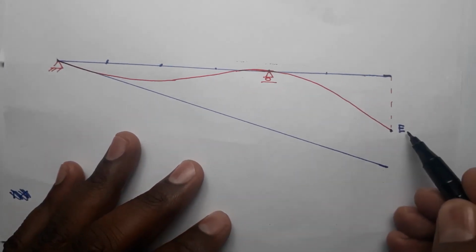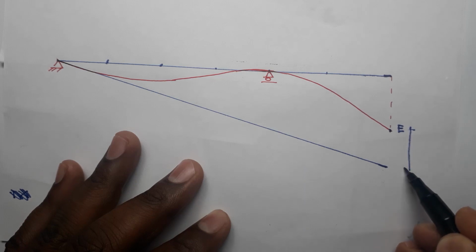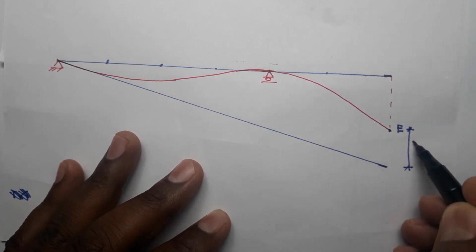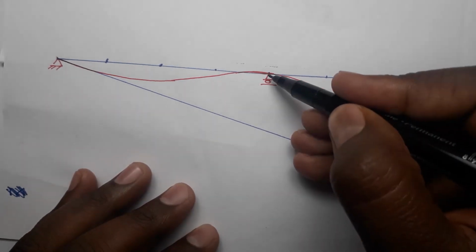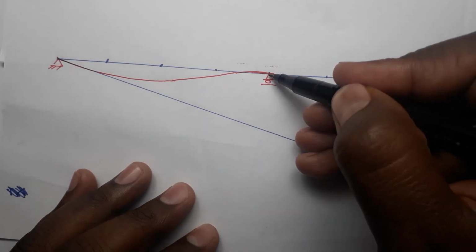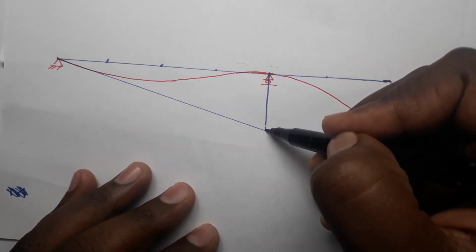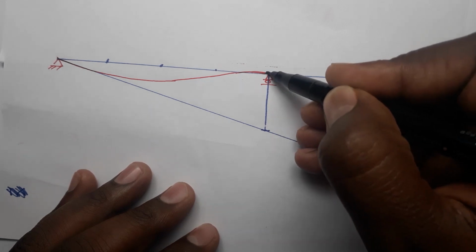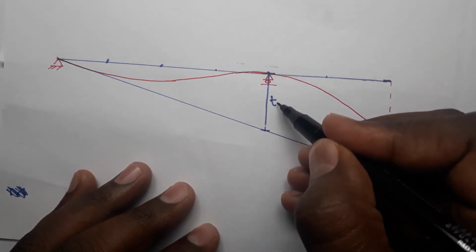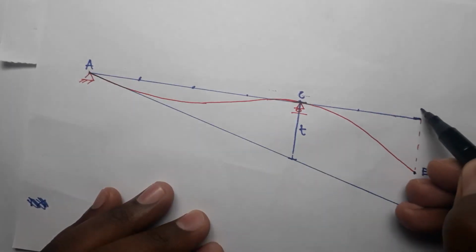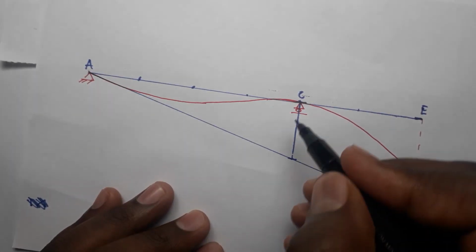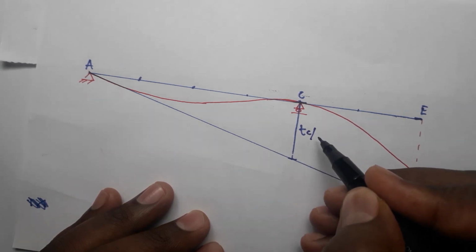So from here up to here, we will call it the translation of E with respect to the tangent A. And from here up to here, we will call it the translation of, this is C, okay, this is A, this was E. The translation of C with respect to the tangent A.